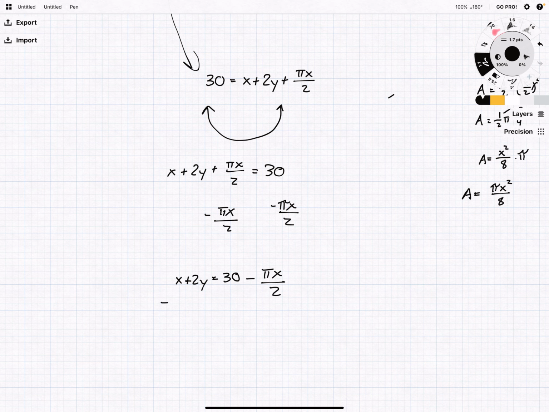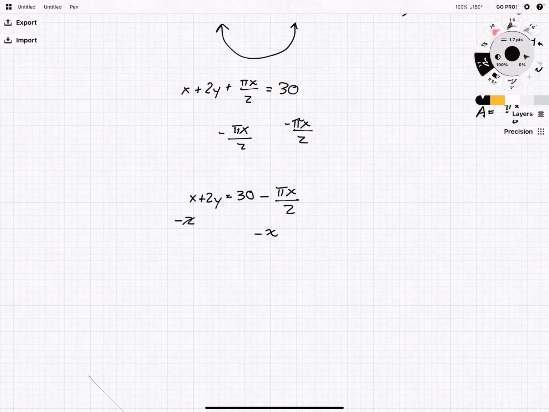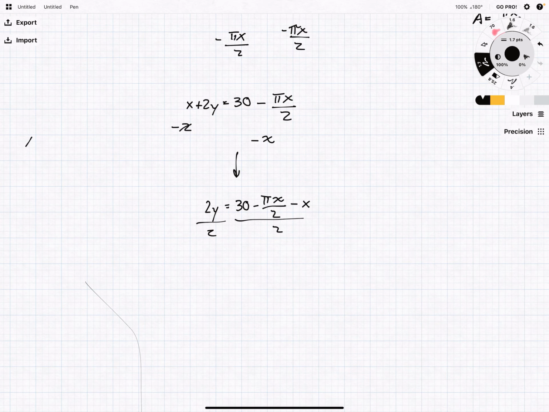Now we'll also subtract x on both sides. And now we have 2y equals 30 minus pi x over 2 minus x. Okay, and now we have to divide everything by 2. And now we have y is equal to 30 minus pi x over 2 minus x all over 2.